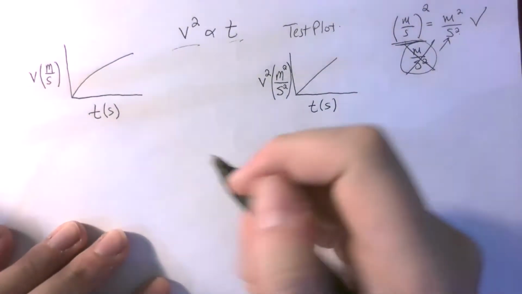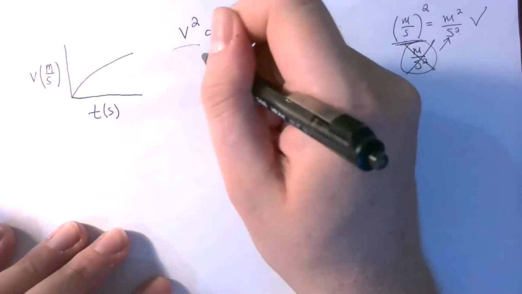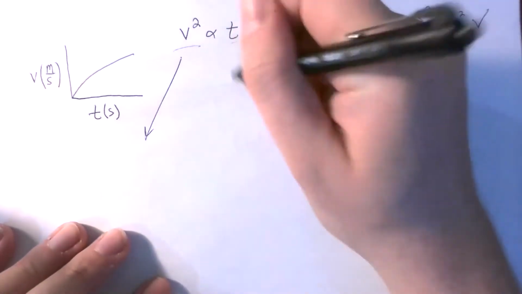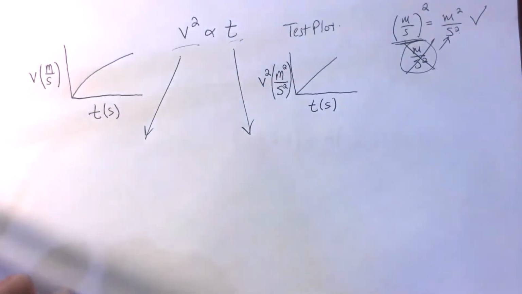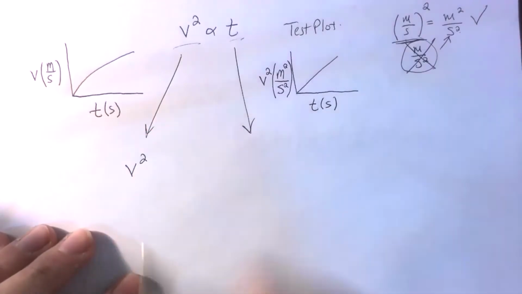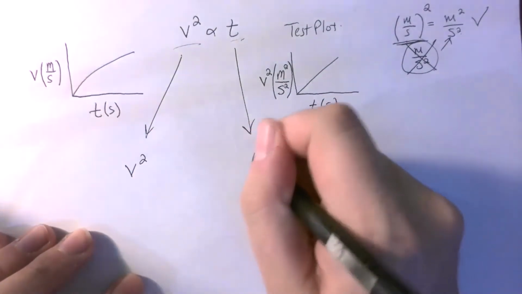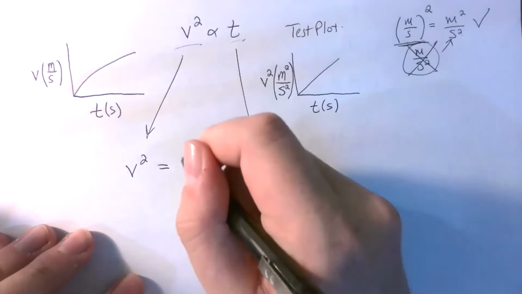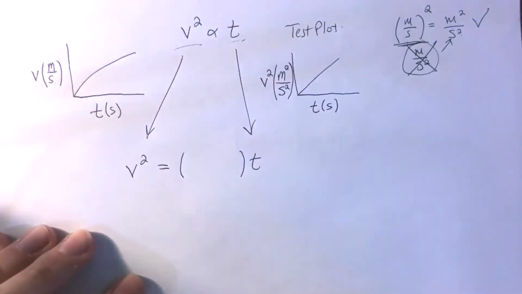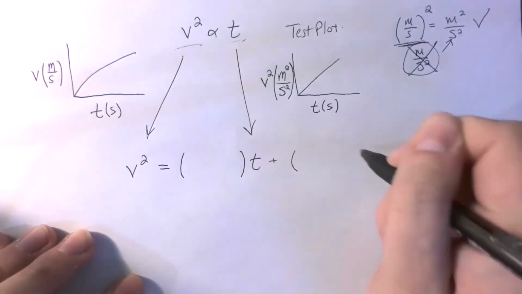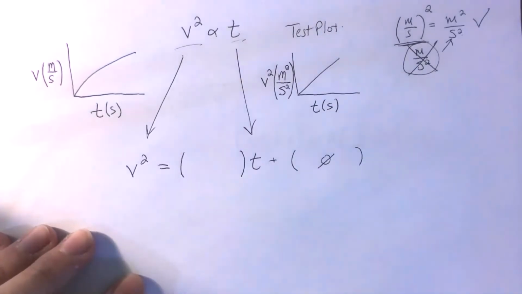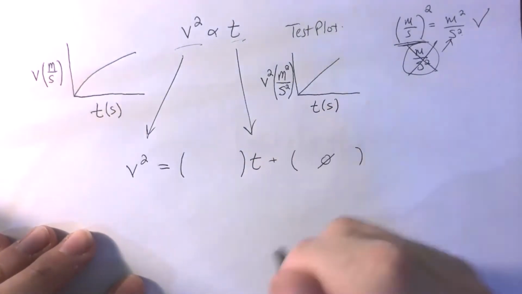So first of all, starting with this relationship, we bring our quantities down. The equation will start with V squared equals, we have our slope and our intercept, though the intercept is equal to 0, so we really don't need that piece.